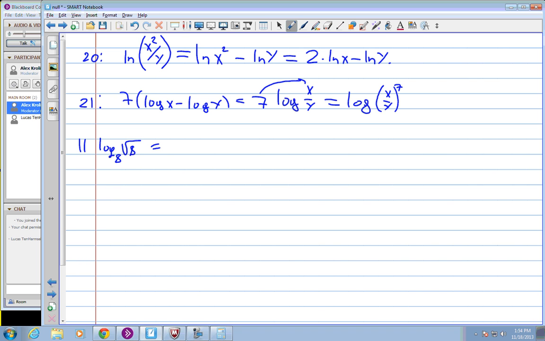What's the equivalent? One half. So this is the same as log base 8 of 8 to the power 1 half. So if you think about all your square roots like that, then what is the answer? 1 half.